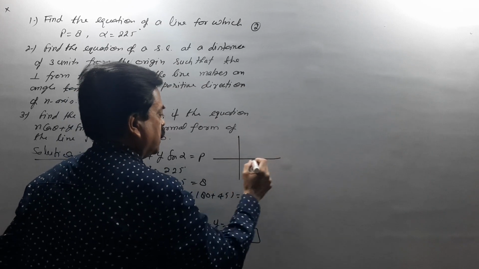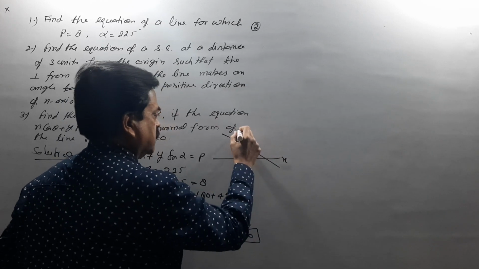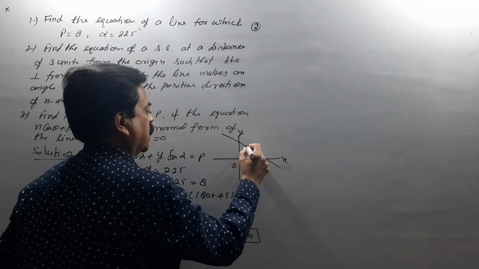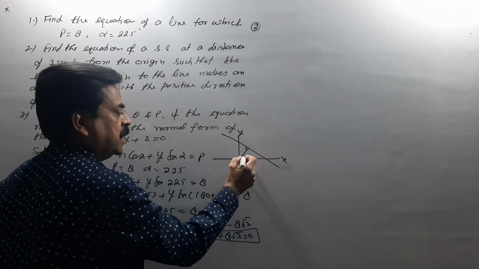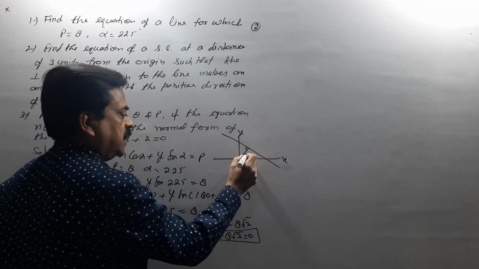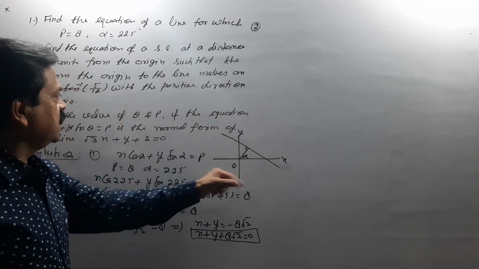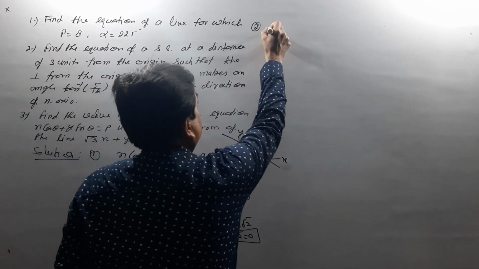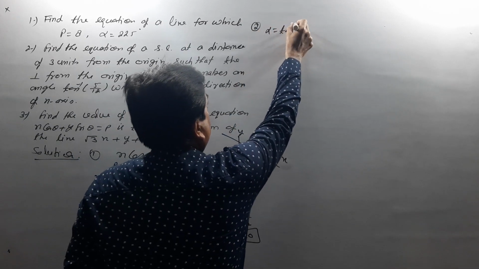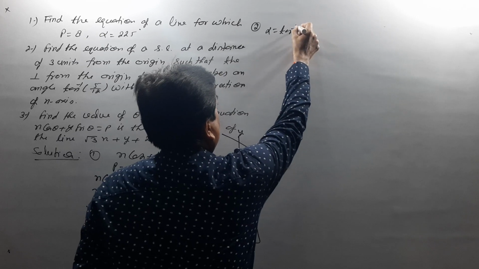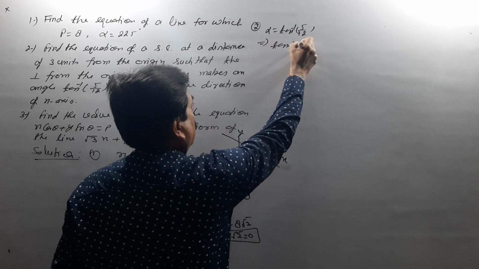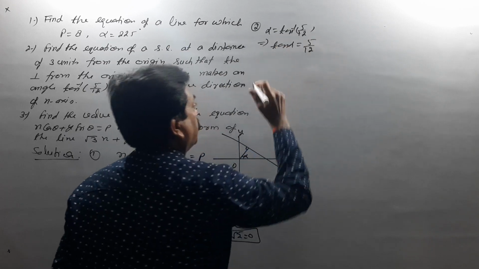If this is the coordinate system and the line is this, x-axis, y-axis, origin, and this is the perpendicular from origin to the straight line, and this perpendicular makes an angle, say alpha. So alpha is here given as tan inverse 5 upon 12, and this provides tan alpha equals 5 upon 12.